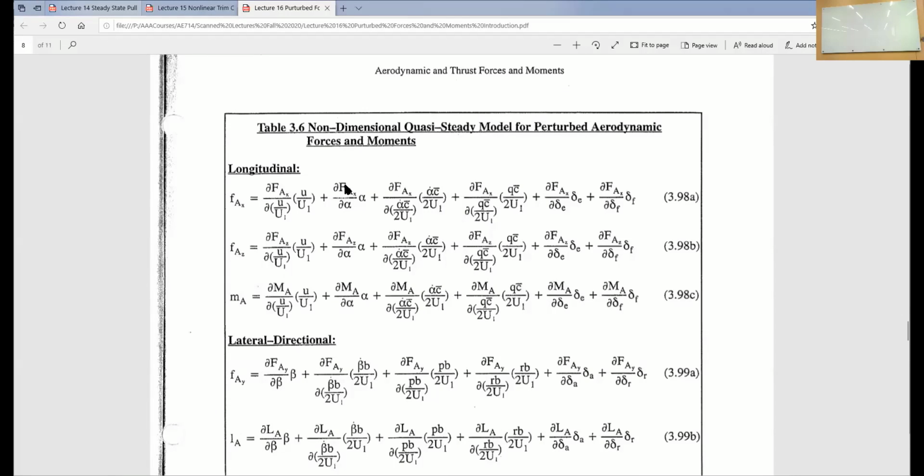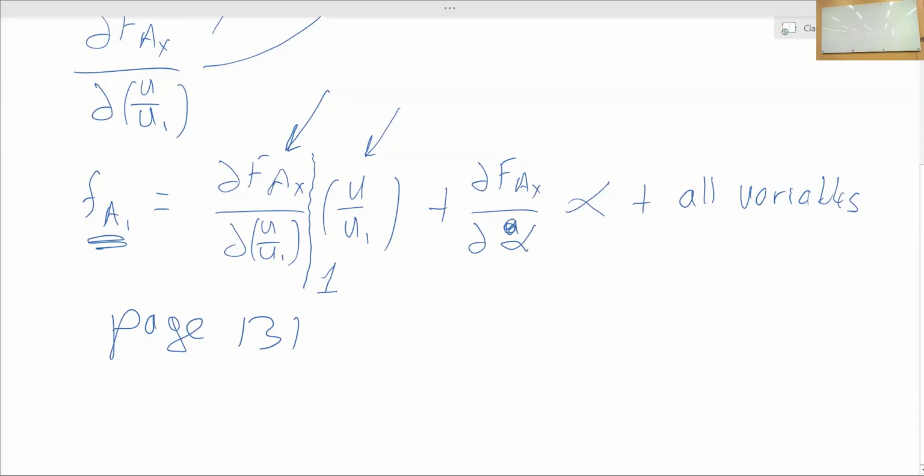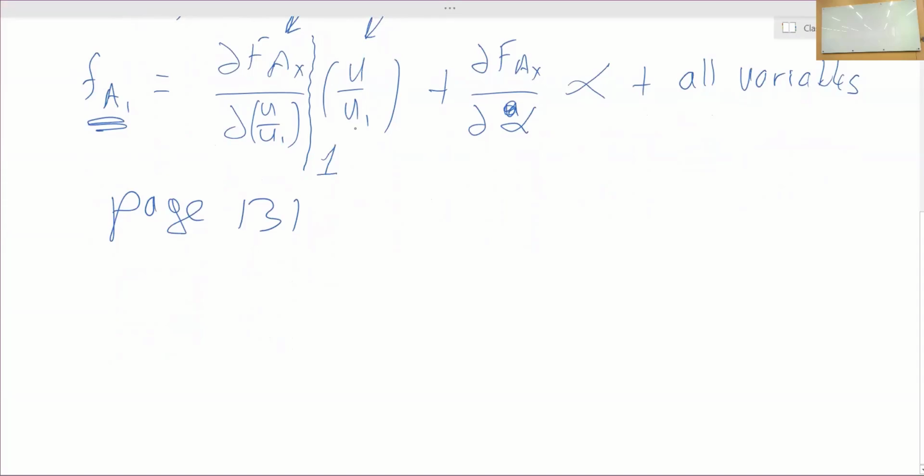So we're going to derive expressions for each of these derivatives so that we can fill in a matrix or a table that tells us how to calculate the small perturbation forces and moments. So the first one that we want to do is the U derivative.